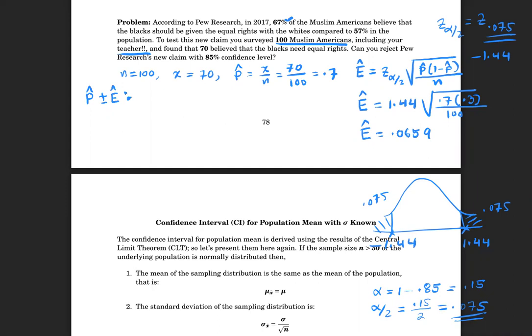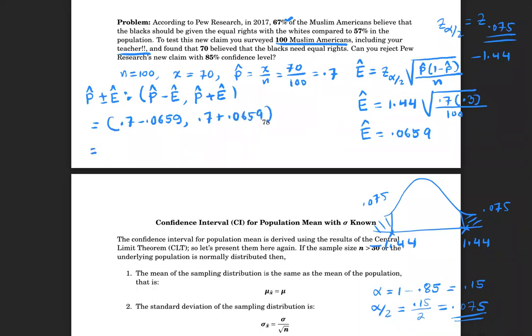So your confidence interval is going to be p hat plus or minus e hat, which is p hat minus e hat, comma, p hat plus e hat. And that is going to give me p hat, 0.7 minus 0.0659, comma, 0.7 plus 0.0659.